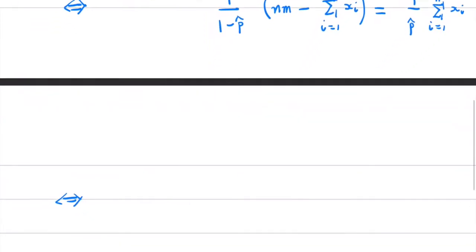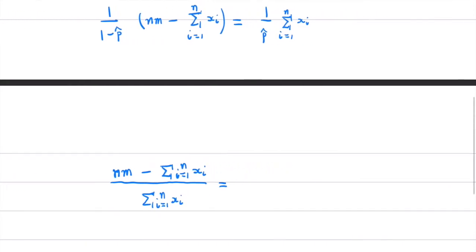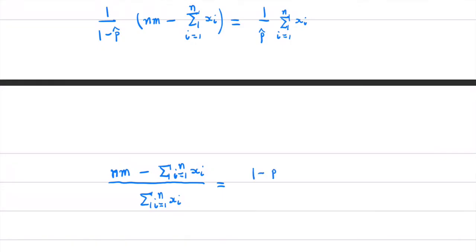So the next step in this equation becomes nm minus the sum of xi's all over the sum of xi's is equal to 1 minus p hat over p hat.